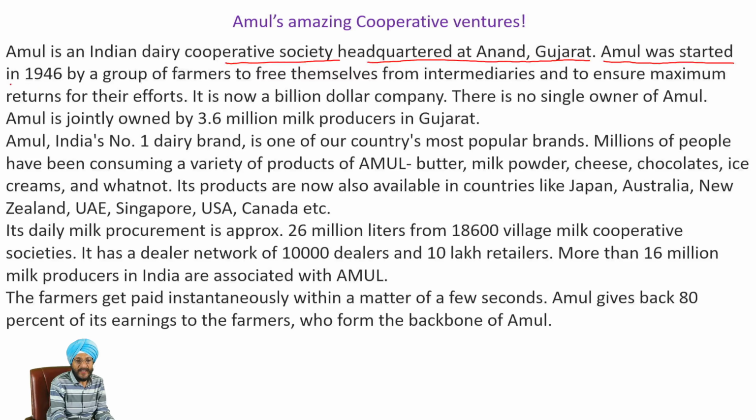Amul was started in 1946. Why was it started? At that time, in a particular district, a small area known as Kaira in Gujarat, there was only one dairy which was getting the milk from the small farmers and selling the same at exorbitant prices in Bombay, now Mumbai.